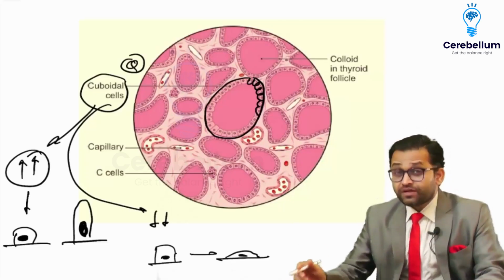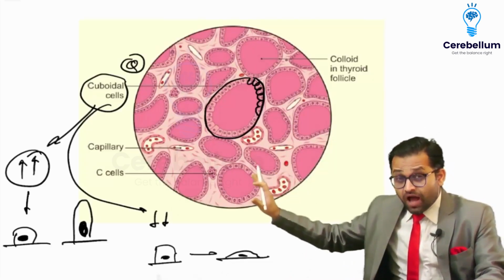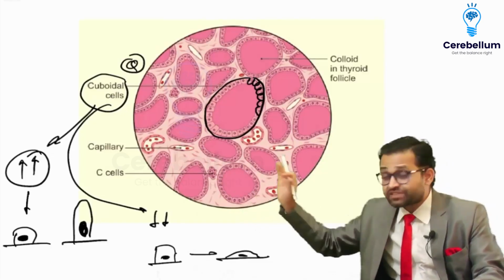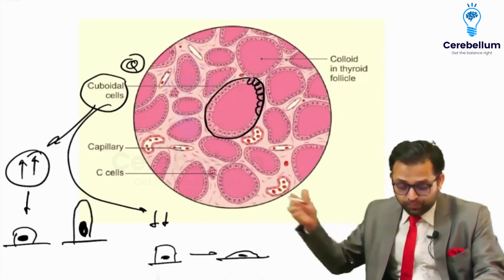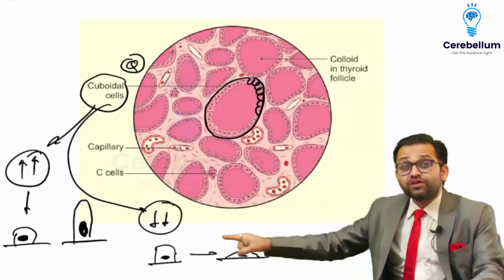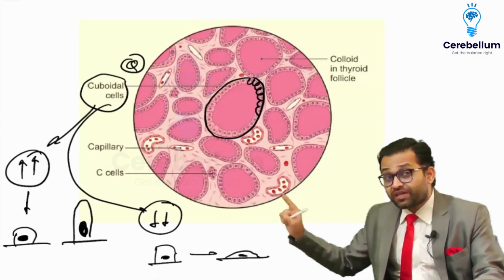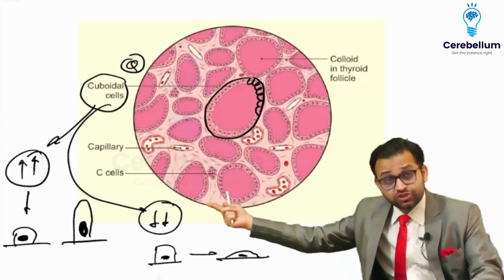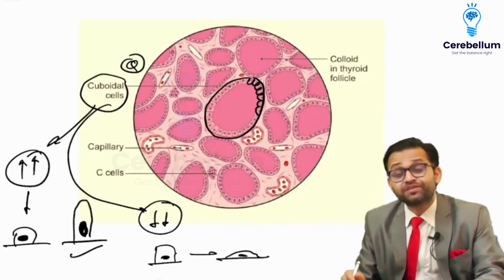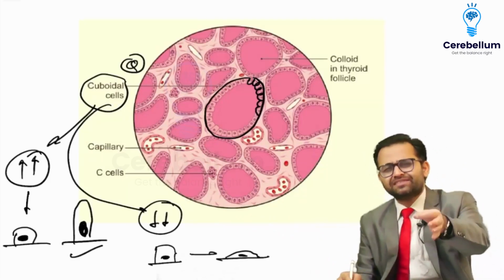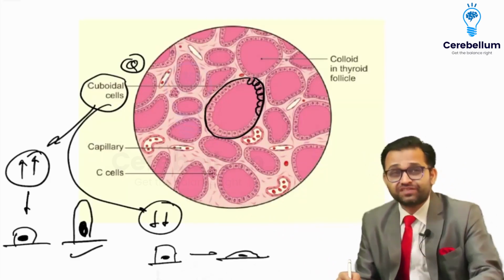So if thyroid gland epithelium is asked, cuboidal epithelium is your best answer. But if hypoactivity is asked, then you can opt for flat squamous epithelium also. If hyperactivity is shown, then you can opt for columnar epithelium also. So this was the one INICET controversial question which we discussed recently.